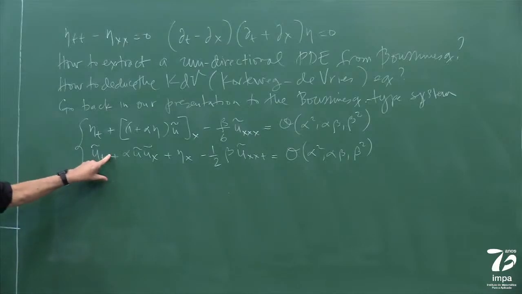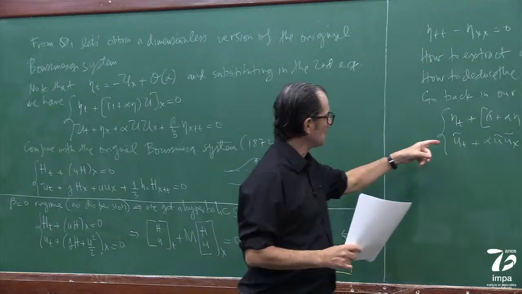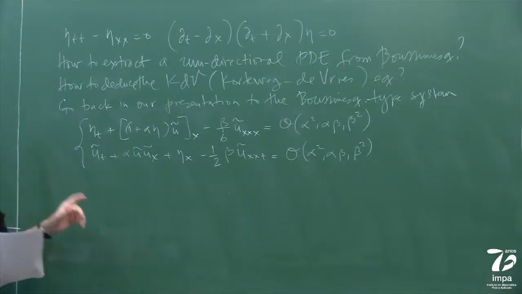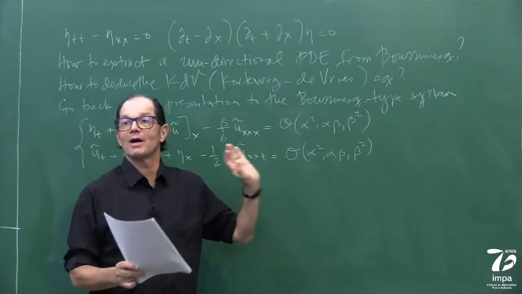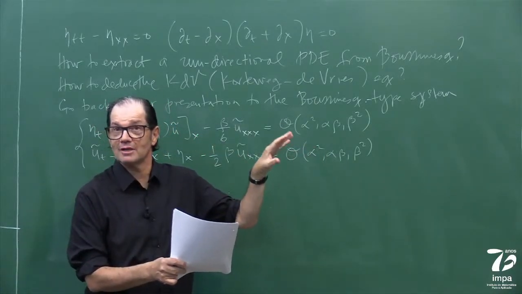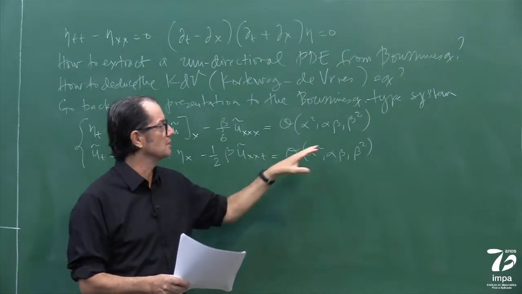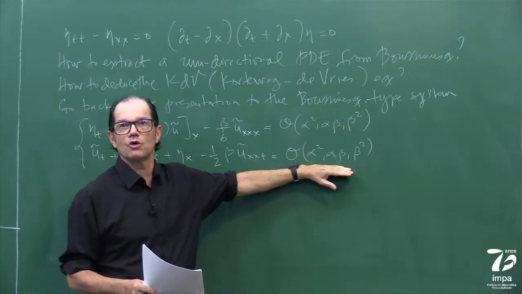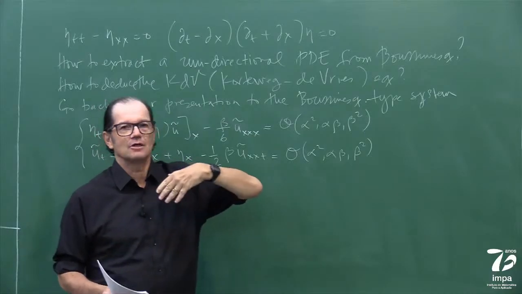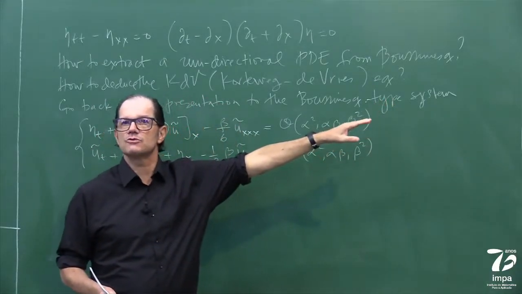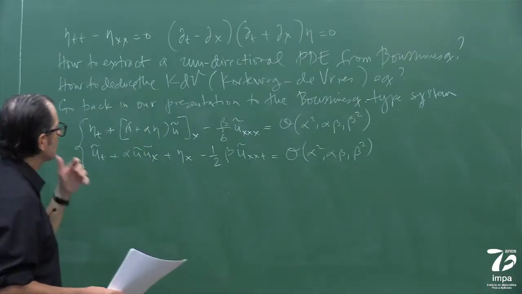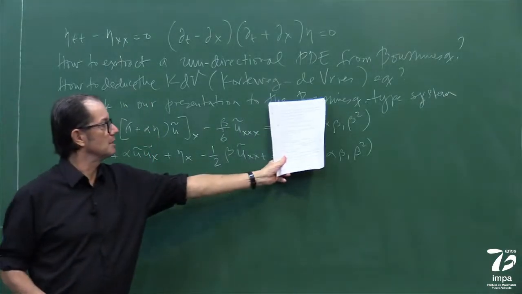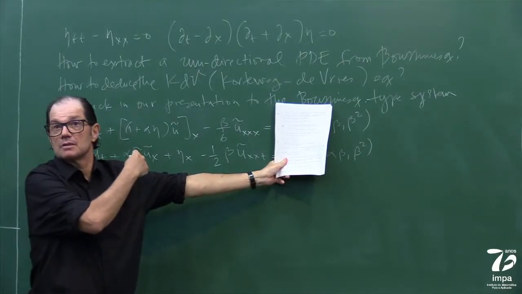So we went back to last class, where we had this system where I'm not yet truncating what I call my garbage term, right? The truncation term I'm going to throw out. This is basically a shorthand notation for all the tail, the infinitely many terms from the power series. No big deal, just keep things simple. When we do our truncation, we make this 0, and we get a Boussinesq type system.